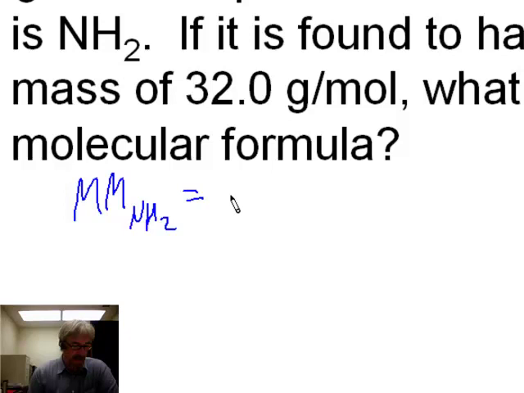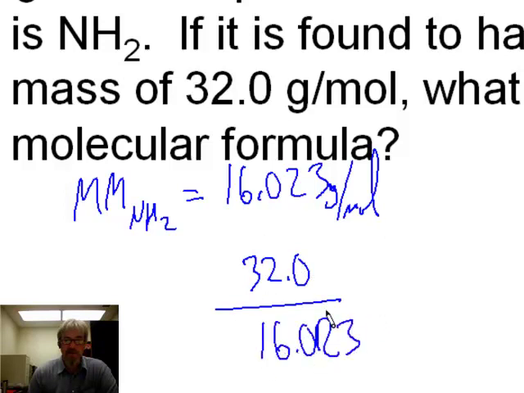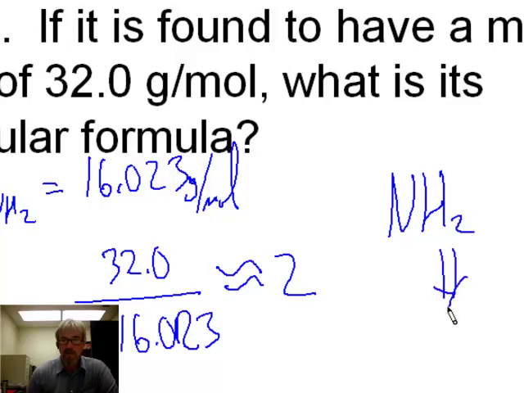If I add that all together, I get 16.023 grams per mole. The actual molar mass is 32.0, so when I divide that by 16.023, you can see that this is going to be really close to the whole number 2. So hydrazine is NH2 with the subscripts all doubled, which gives me N2H4.